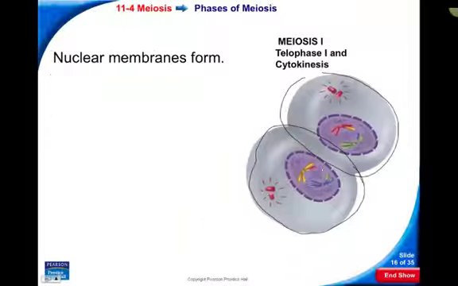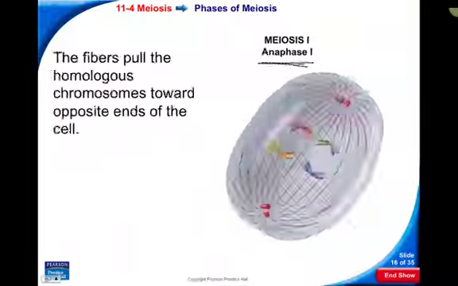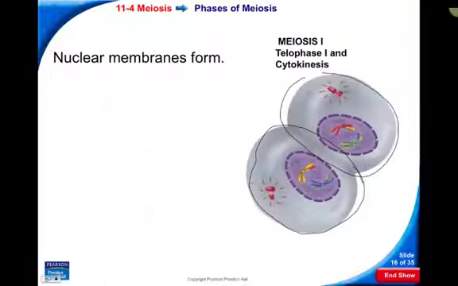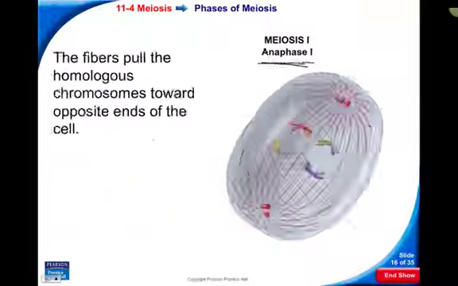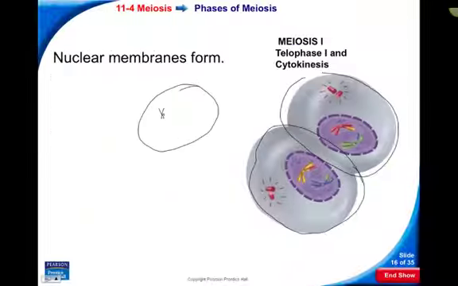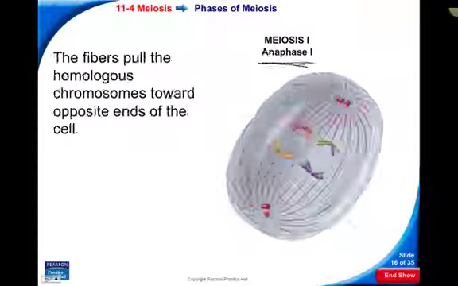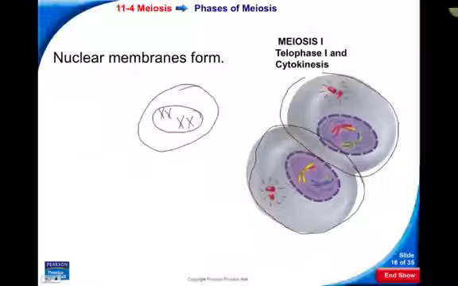Okay, so now we have a cell over here, and we have a cell here. Now, remember, we started out with 4 chromosomes.